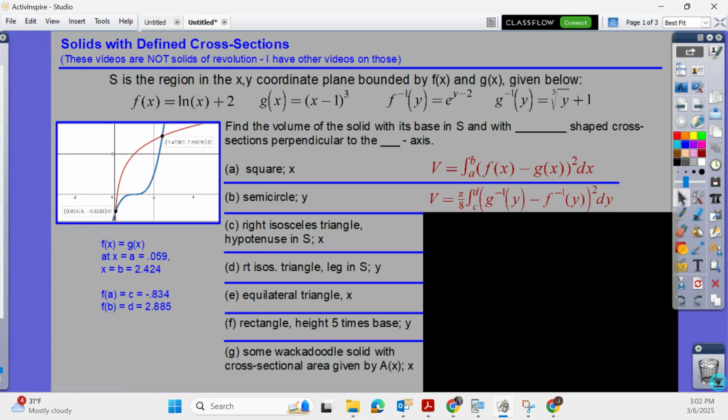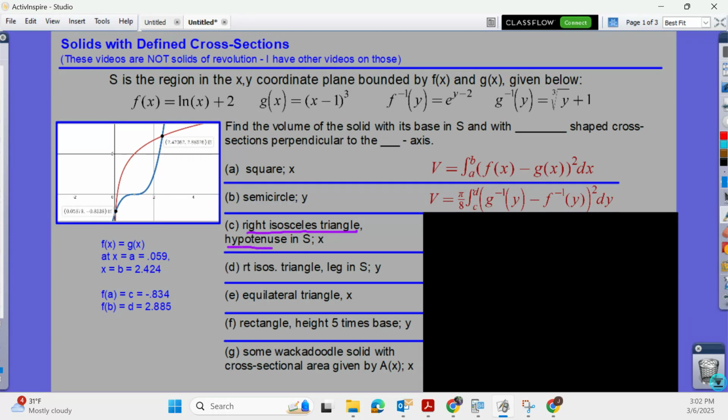So in part C, we're looking at right isosceles triangles with the hypotenuse in the region S and perpendicular to the x-axis. Okay?